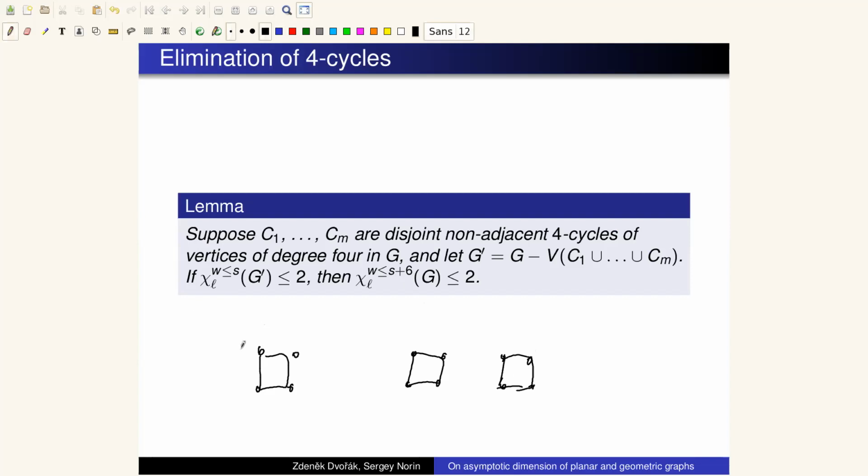and you are able to color the rest of the graph using 2 colors with bounded weak diameter, then you will be able to color the whole graph at the expense of making the weak diameter a little bit larger, by adding at most 6. And how you can do that, you would probably work out for yourself.